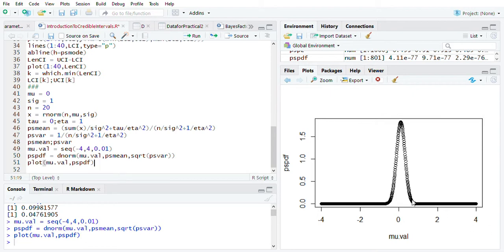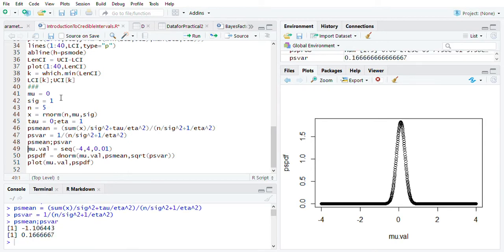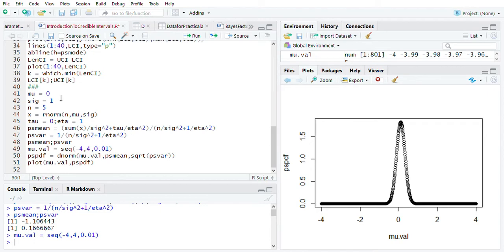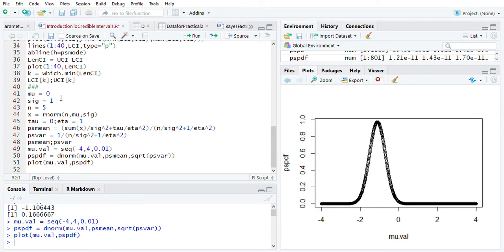Now, since the variance is very small, I would like to reduce the sample size so that I get a better picture of the graph. So instead of 20, suppose my sample size is only 5. Okay, so not bad.